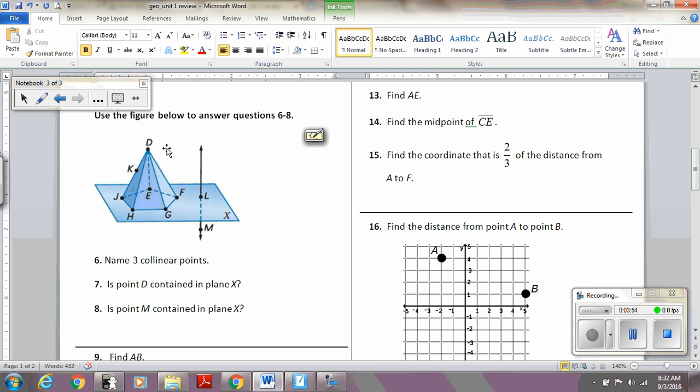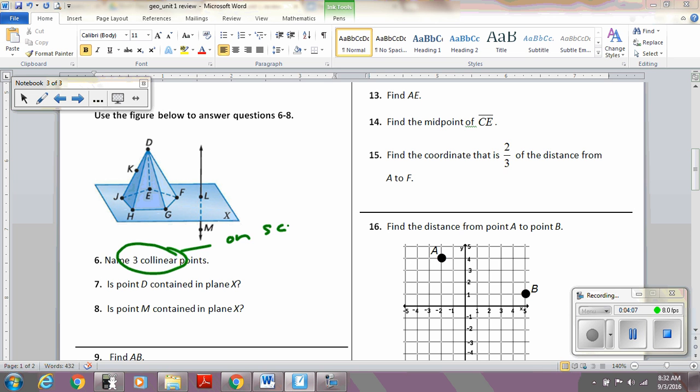For 6 through 8, we're going to use this figure. Number 6 would like for us to name 3 collinear points. Collinear again means on the same line. Whenever you see that word collinear, line is inside. So collinear, line, same line.